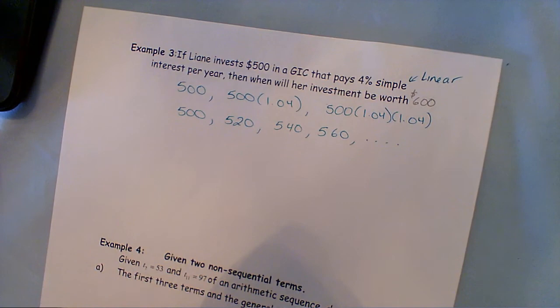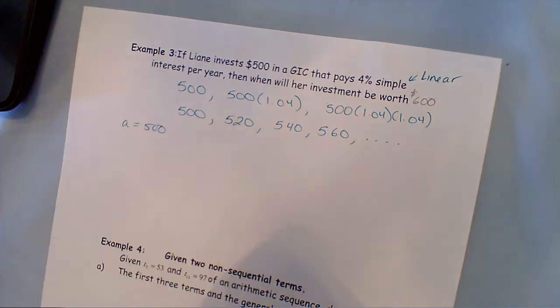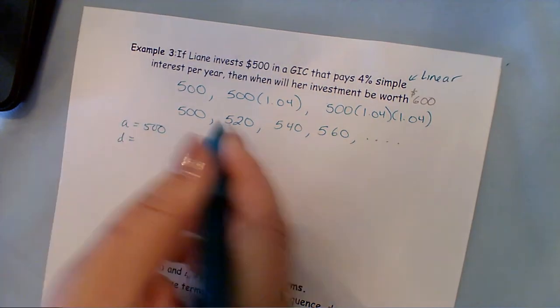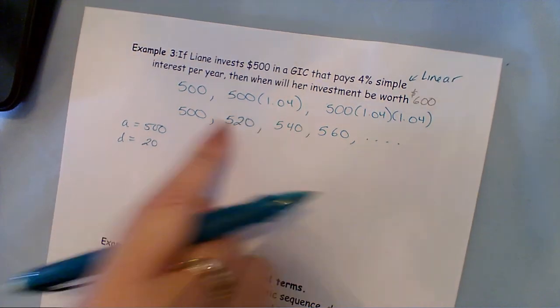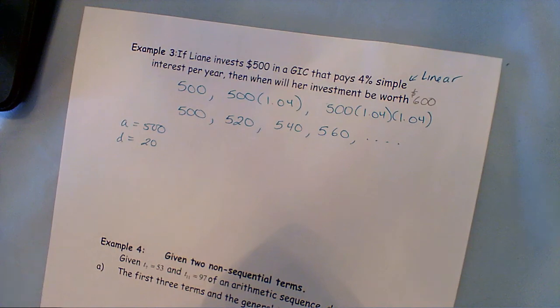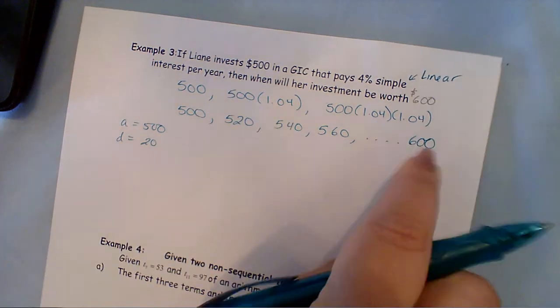We know basically when she's going to reach 600. It's not that far down the path, but how do you use the formula in order to find that out? So we know she started with 500. We know the common difference based on this sequence is 20, right? This number minus this number, that number minus that number is 20 bucks. We know, though, that we want it to get to 600.